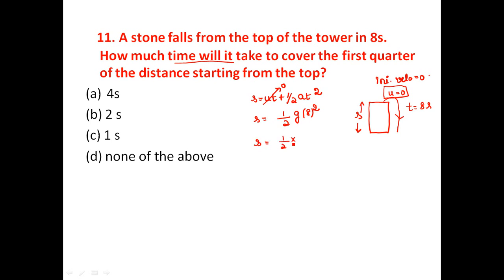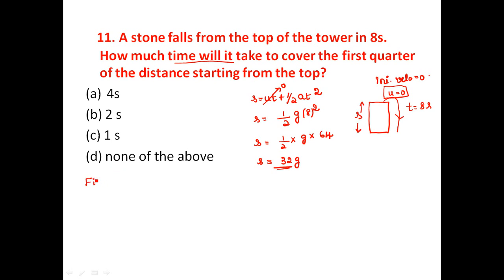It is half into g into 64, which says the distance traveled is 32 g. Since they have not given us the value of g in the question, let us assume it to be g only. Moving back to the question, how much time did it take to cover the first quarter of the distance? First quarter of the distance will be 1 by 4 S.